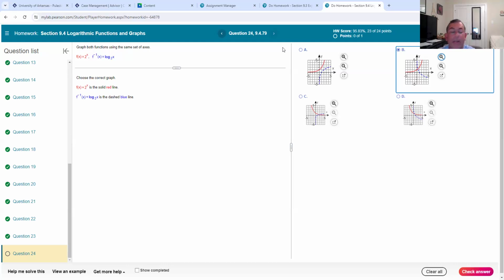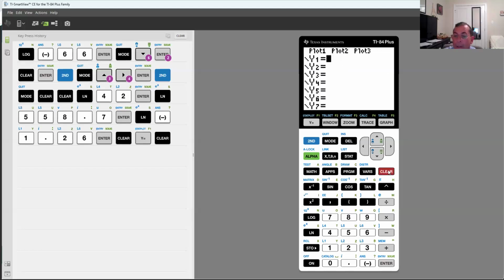But y'all, we can graph these. So I'm going to graph them in my y equals, okay? So let's go to our calculator. Go to y equals. So the first one was 2 to the x. So I got 2 exponent x. All right, then I go down to y2.